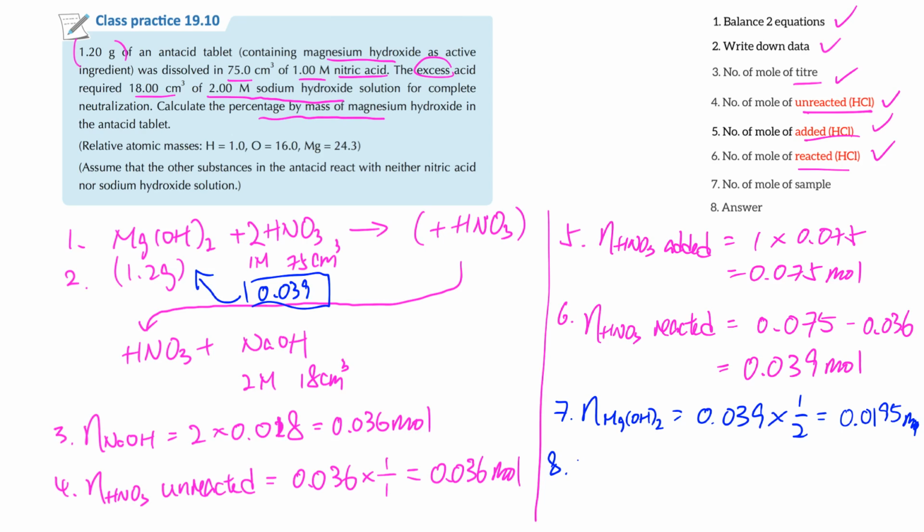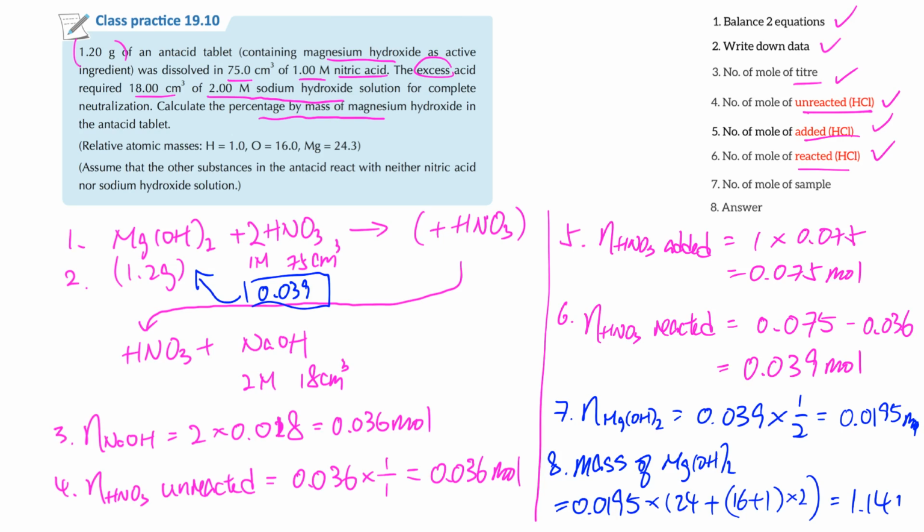Then the mass of magnesium hydroxide will equal 0.0195 times (24 plus 16 plus 1) times 2. So the answer for the mass will be 1.14 grams.